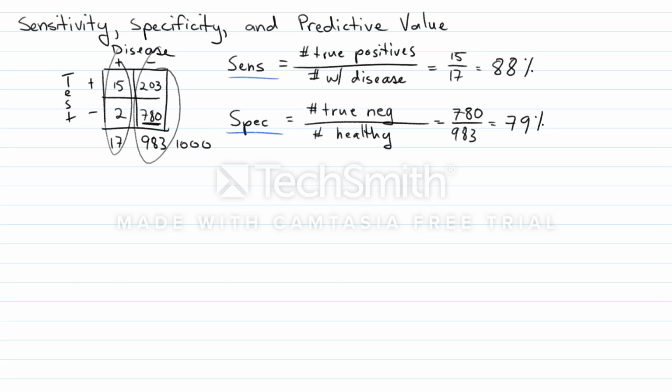The difference between the two is basically sensitivity is telling you how good the test is at picking up cases of the disease. So if you have a test with really, really high sensitivity, that's great. You'll probably catch every instance of the disease, or nearly all of them, but you might get a few false positives in there.